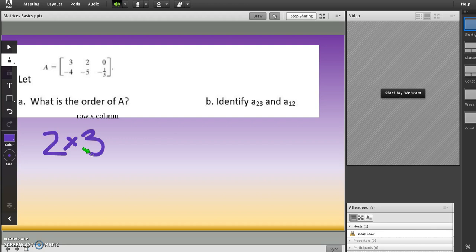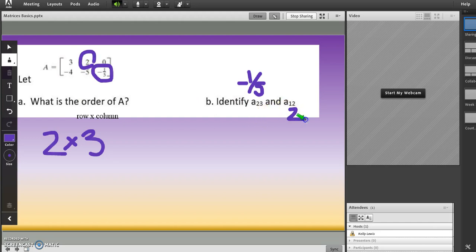And so now let's look at A23 versus A12. A23 means the second row, third column. So this guy, so that is -1/5. And then A12 means first row, second column.